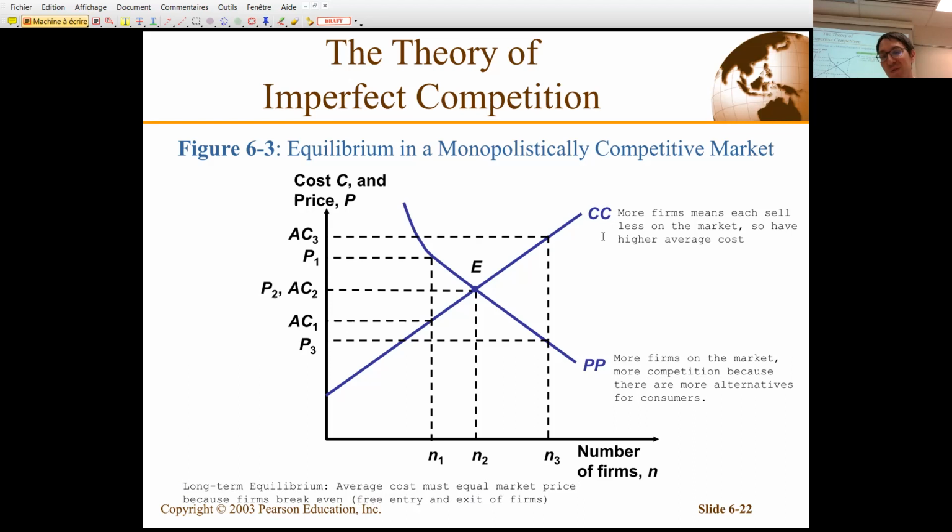So it means that each consumer will pick between more different brands, and each brand is going to have fewer customers to buy them. So in the long run, it has to be the case that the sales price is equal to the marginal cost, to the average cost. So have higher average cost, and the more firms on the market.